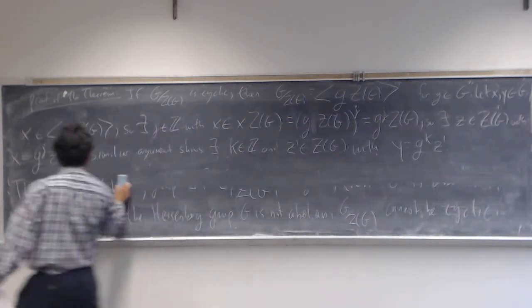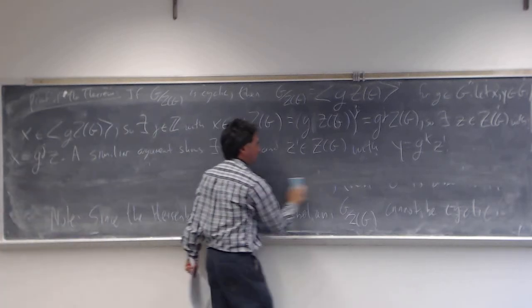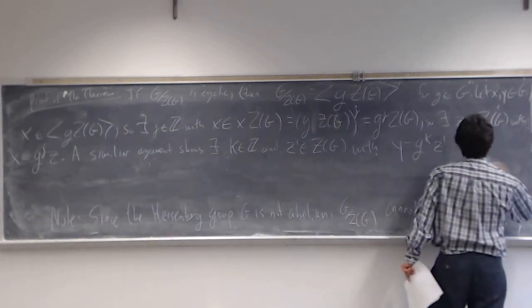Now I'm erasing this here, but what's the conclusion? We want to show G is abelian. So let's do that.